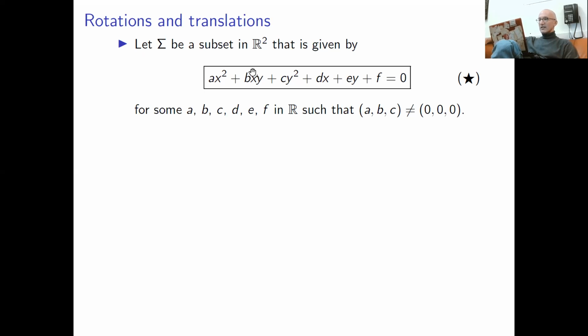But the idea is that if you get rid of this term bxy, then you can group together the polynomial in x and the polynomial in y, and then you complete the square and simplify separately the x part of this equation and the y part of this equation, similar to what you do when you solve a quadratic equation.